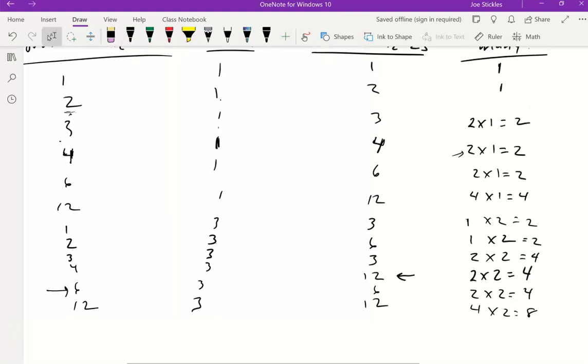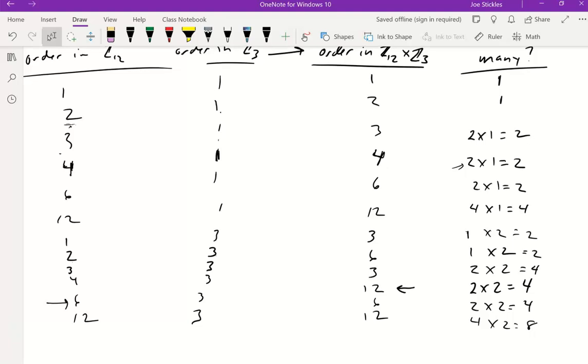When I add all those numbers up in that list, what should I get? How many total should we get when we're done? 36. Good. Yeah, there should be 36 total, right? 2, 4, 6, 8, 12, 14, 16, 24, 20, 24, 28, 36. If it doesn't add up to the whole group, then we've made a computation error somewhere along the way.